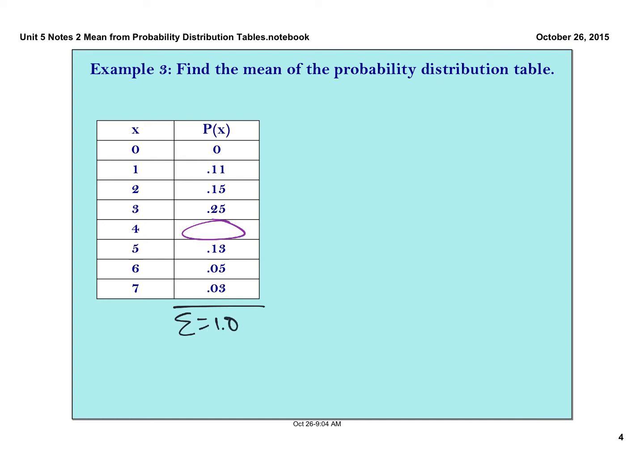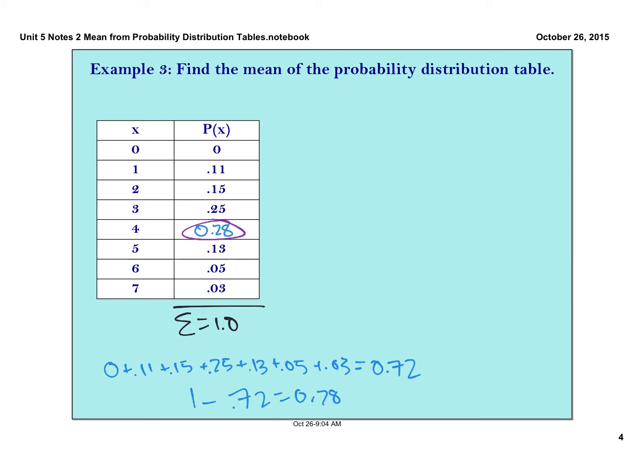So if I go ahead and add up what I know, 0 plus 0.11 plus 0.15 plus 0.25 plus 0.13 plus 0.05 plus 0.03, I get 0.72 there, and then 1 minus 0.72 is going to be 0.28. That is my missing probability.